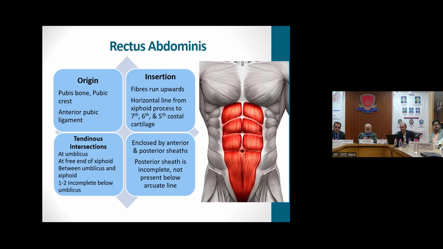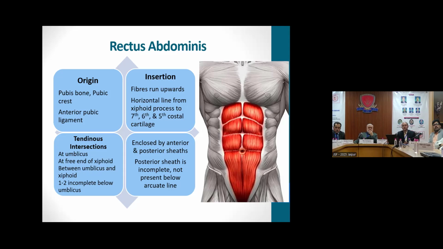It doesn't have a tendon of its own at the ends. So there are many tendinous intersections in it, out of which 2 or 3 are fixed and always present. One is at the level of the umbilicus, the other is at the level of the xiphoid process, and one between these two. And there are 1 or 2 incomplete tendinous intersections below the umbilicus.